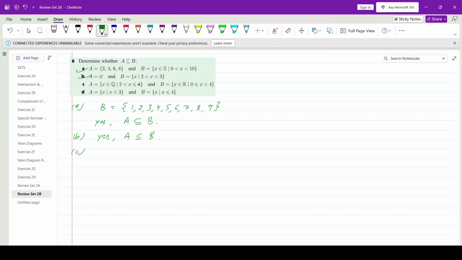Now we know that 4 is a rational number, but 4 is going to lie in set A only, not in set B. Therefore, we can easily discard and say that A is not a subset of B. Because of 4. We do not have to check anything else. 4 is a part of A but not a part of B.